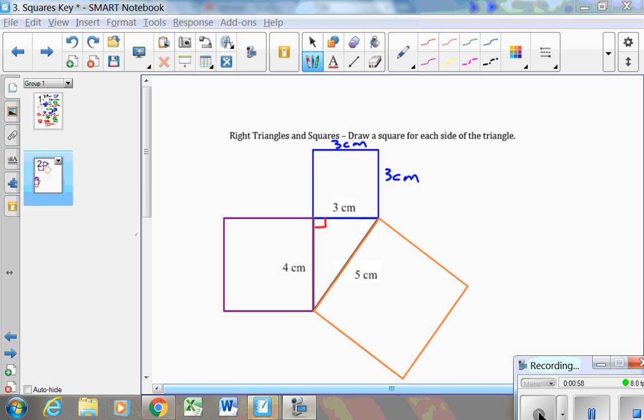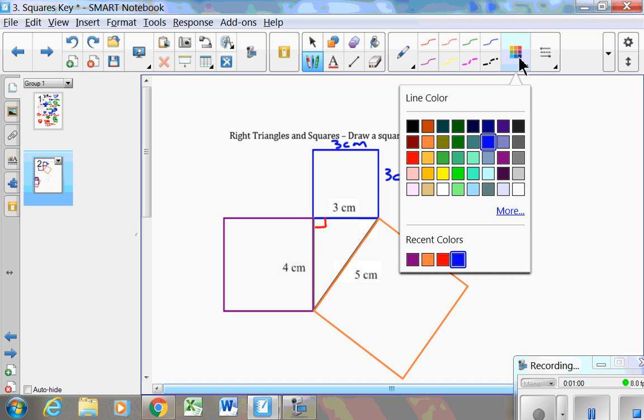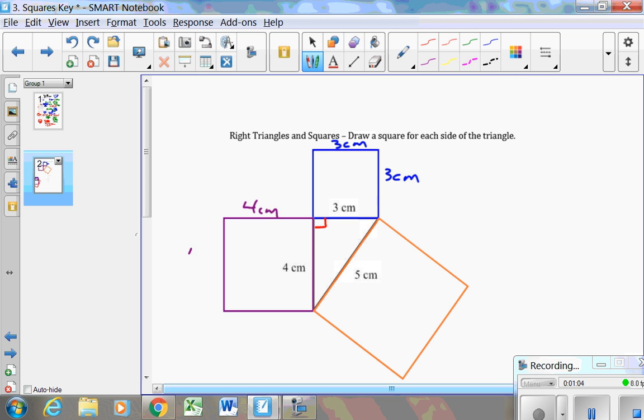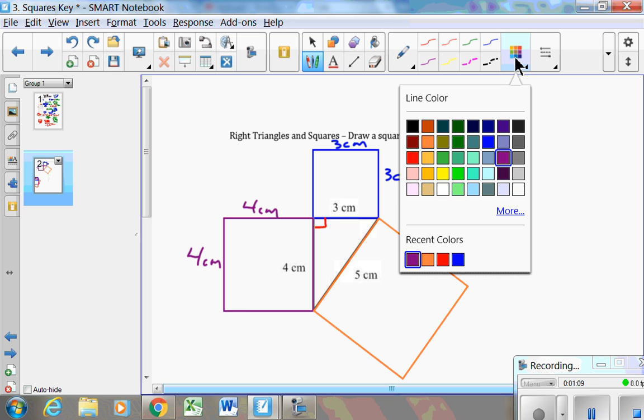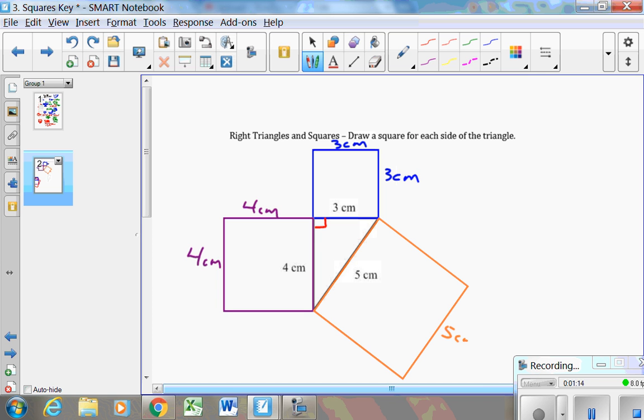The purple square is going to be 4 centimeters by 4 centimeters. And the orange square is going to be 5 centimeters by 5 centimeters. So we're drawing squares off of each side of our triangle.